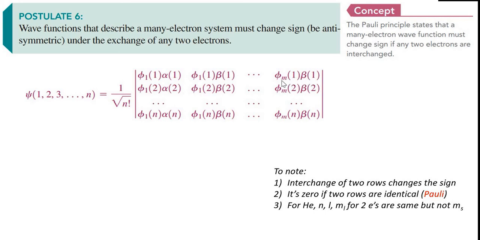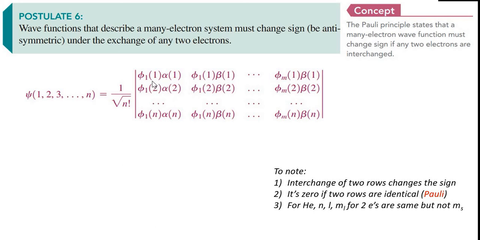So m is actually n by 2. If there are 8 electrons, you need 4 spatial orbitals, and each is connected to 2 spins, so 4 into 2 gives you 8. No problem. That is how the first row reads.